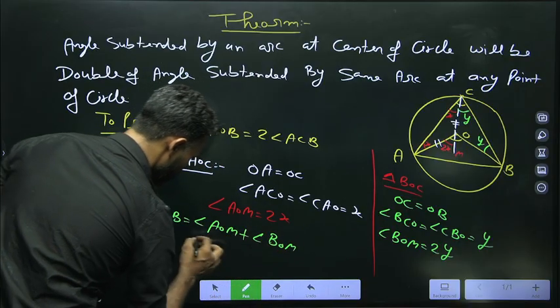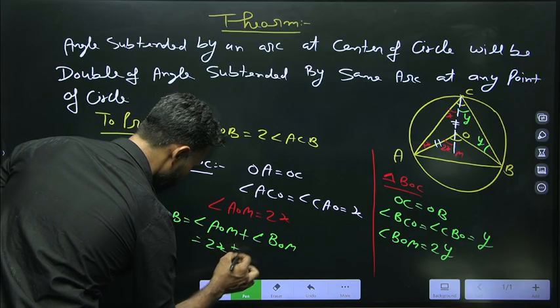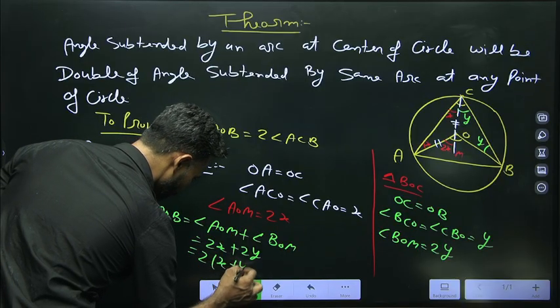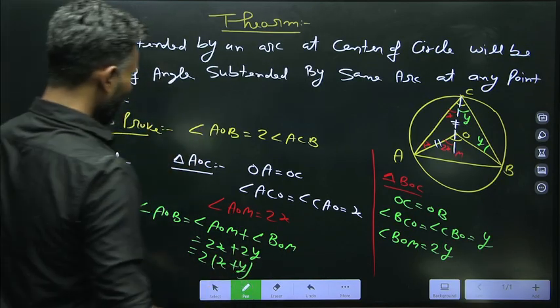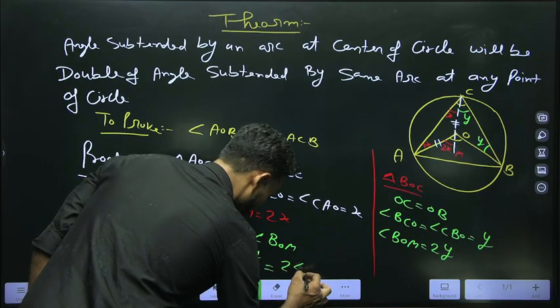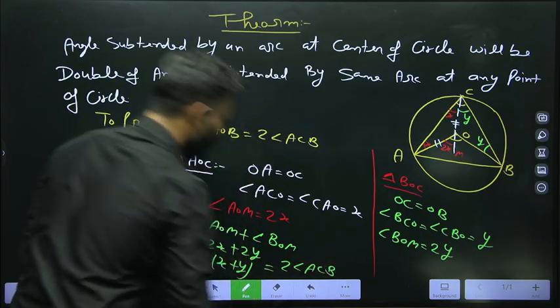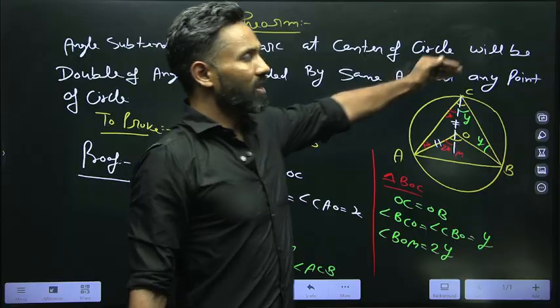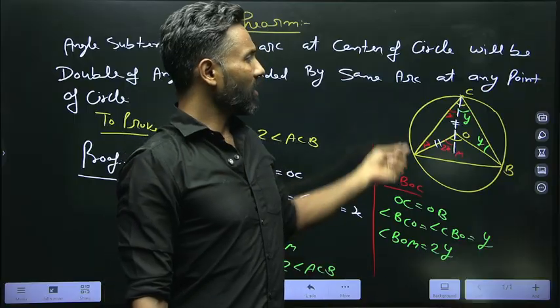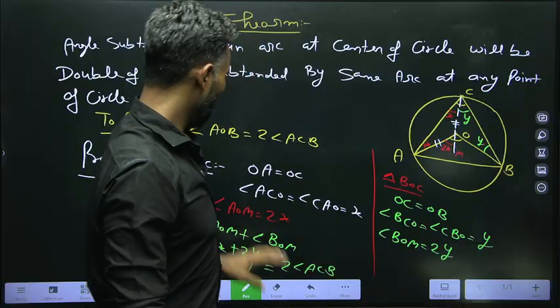It means 2x plus 2y. 2 is taken common, within the bracket x plus y, and you know x plus y is equal to angle ACB. So we can say twice of angle ACB. So this is case one, when the point is situated in the major segment of the circle. Understand that? So we can prove it.